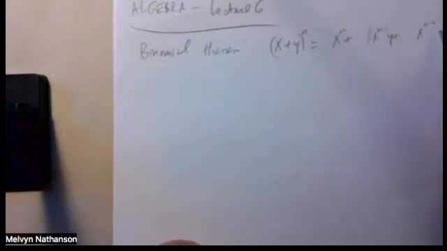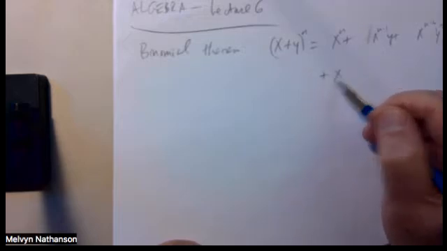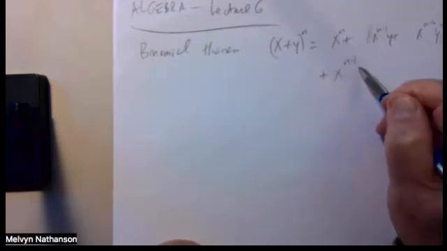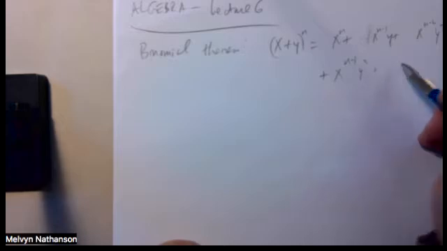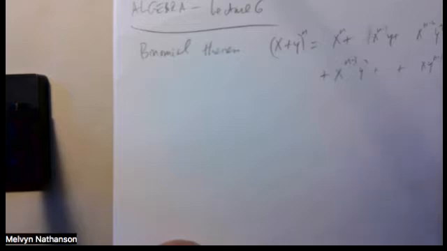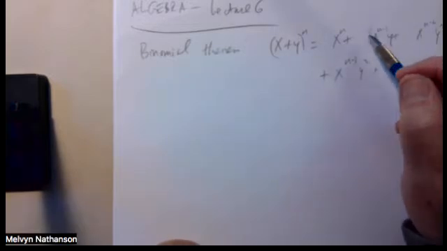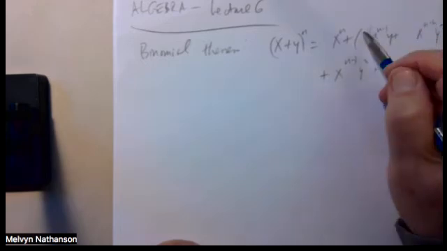At each step, the power of x goes down by 1 and the power of y goes up by 1. Finally, you get to x y to the n minus 1 plus y to the n. But there are some coefficients in here, and we usually write them in this way.